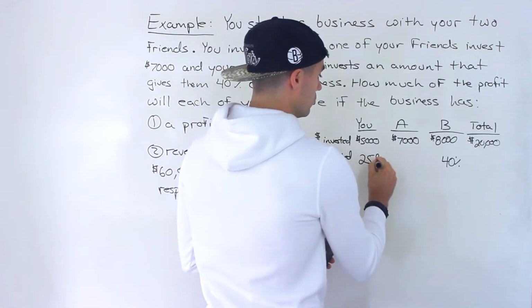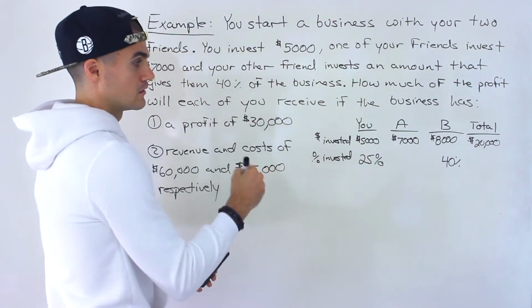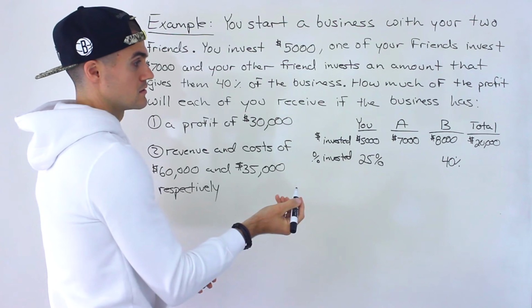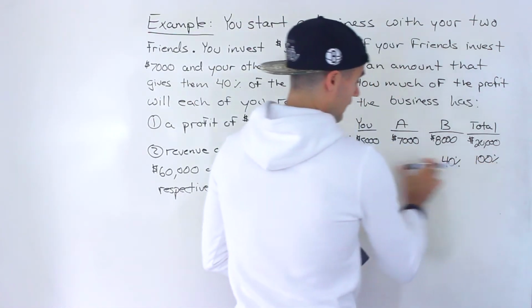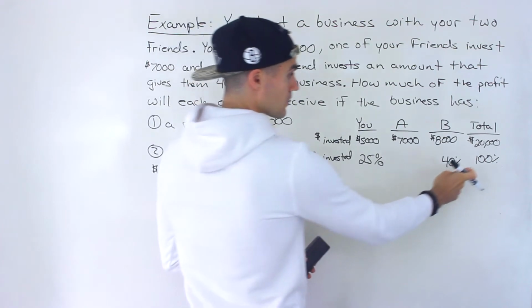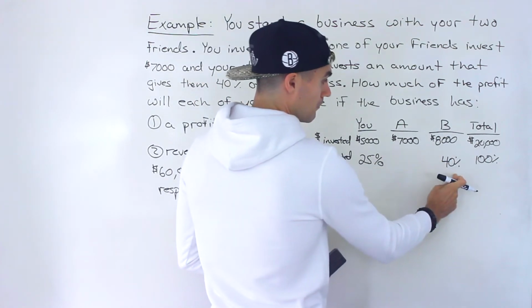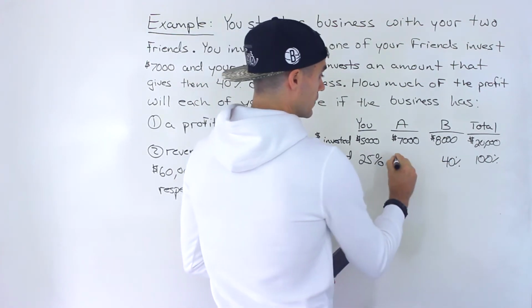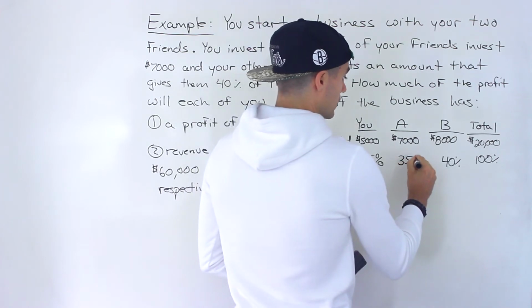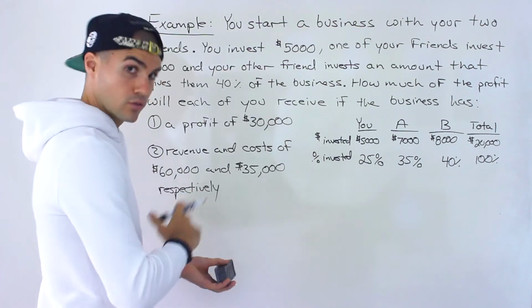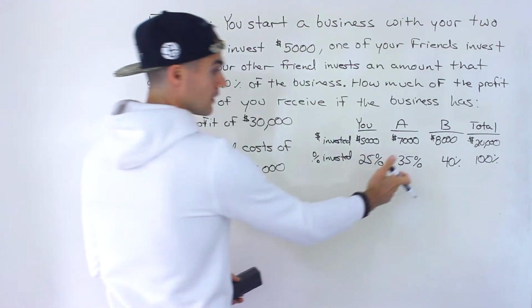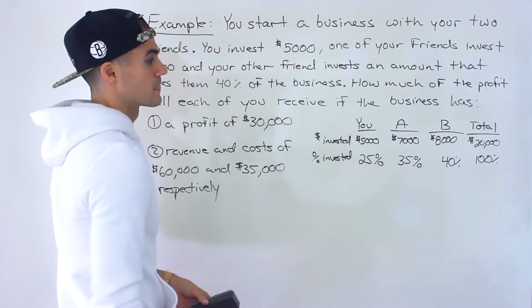So you own 25% of the business. And then to get this last amount, there are different ways we can do it. We know that it has to total 100, so 100 minus 25 minus 40 gives us 35%. We could have also taken 7,000 divided by 20,000, which gives us 0.35 multiplied by 100. Another way to get that 35%.